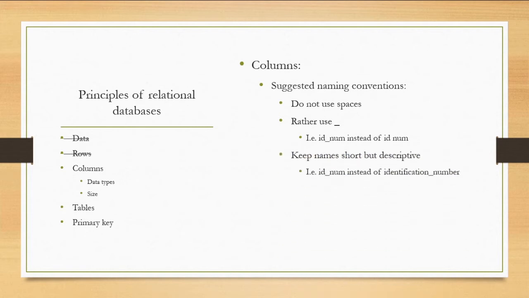For example, ID underscore num instead of identification underscore number. This will save you a lot of time when programming, as the name is short and descriptive, you know what it is about, yet you do not have to type a very big variable name. Lastly, avoid using numbers in column names unless no other option exists. Again, this is to try and avoid unnecessary errors.